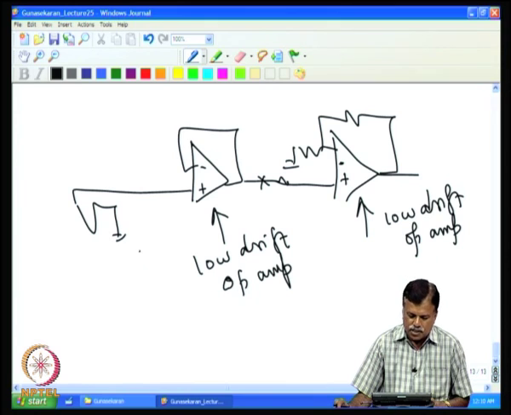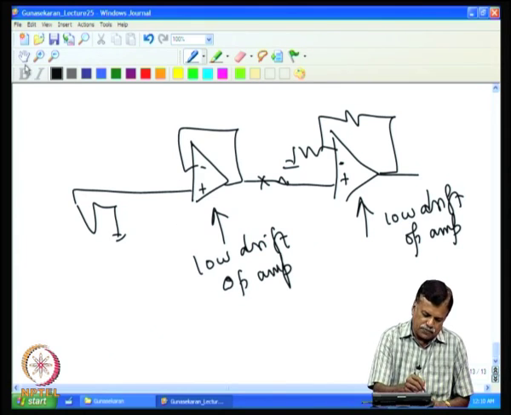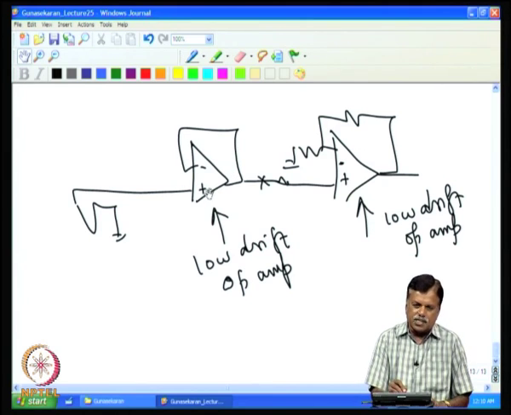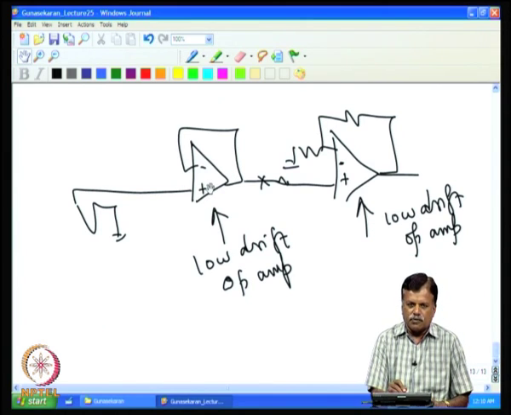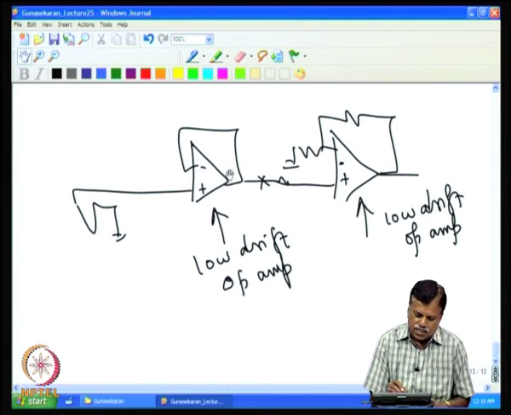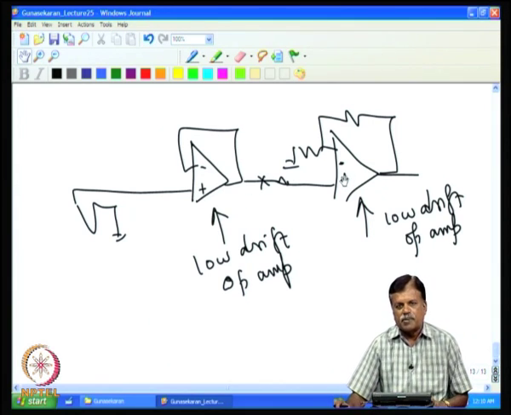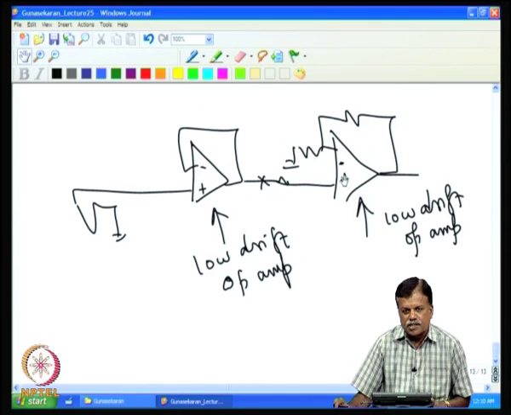So one has to be careful when using a voltage follower. If it is a DC case, we should use it only if it is essential, otherwise we will be adding up the drift of this plus this, or we have to look for a low drift op amp for this as well as this, because a low drift op amp comes with the price that it costs more.